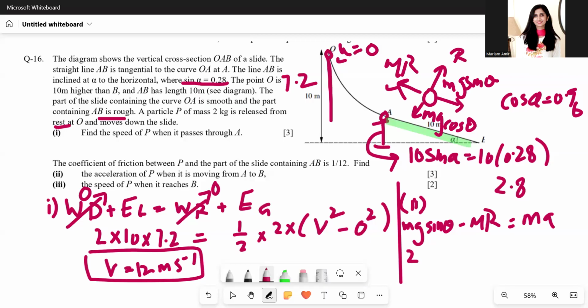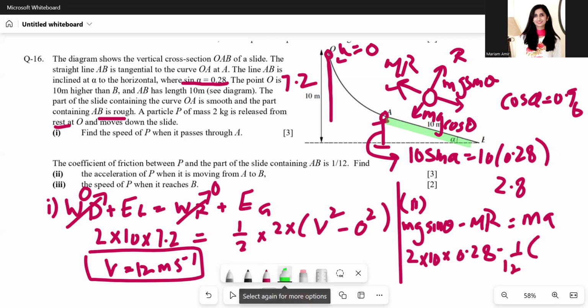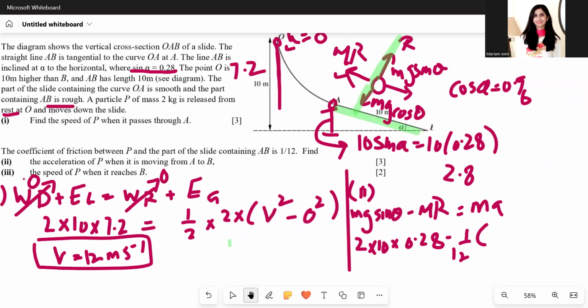M is 2, g is 10, sine theta is 0.28, minus mu is 1 by 12, times R. This is R, and opposite to that is mg cos theta. Let's use that: times mg cos theta, which is 0.96, is equal to 2 times a.